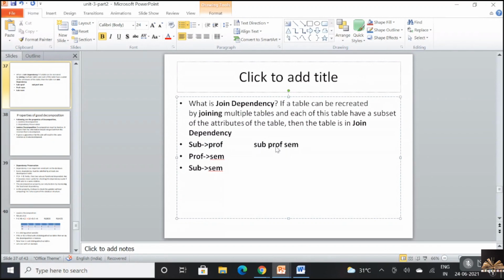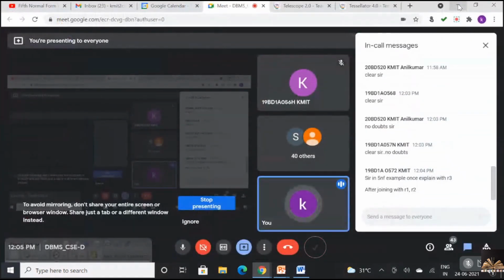Okay, now based on the next, you have to go with the common field. Whatever the common field you are working with, you go with that. You try it once. If at all you're not getting it, you can ping me up, ma. Yes, ma, after joining with R1 and R2, you have to go.